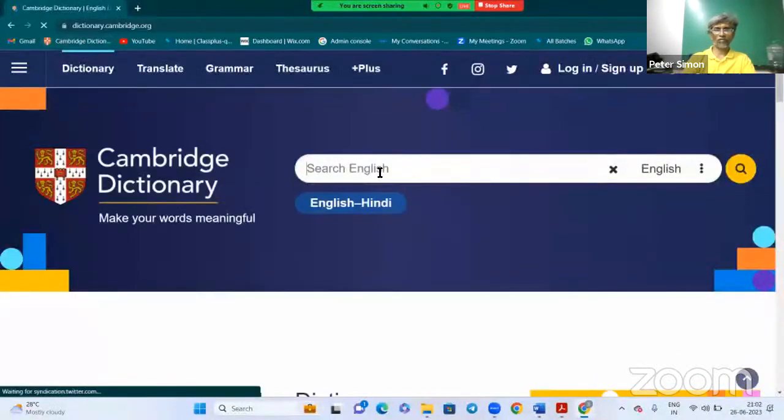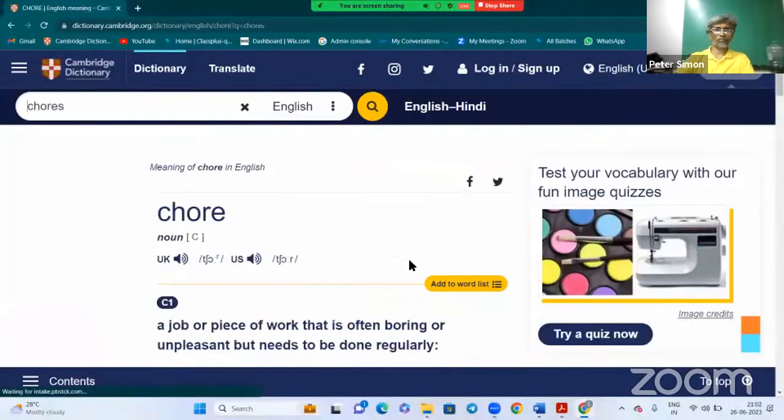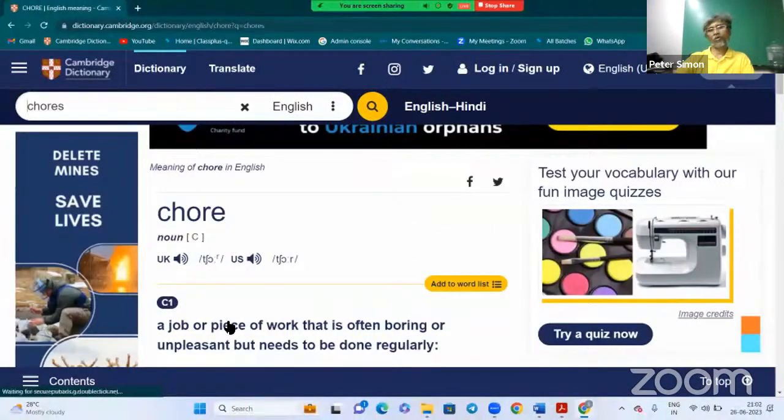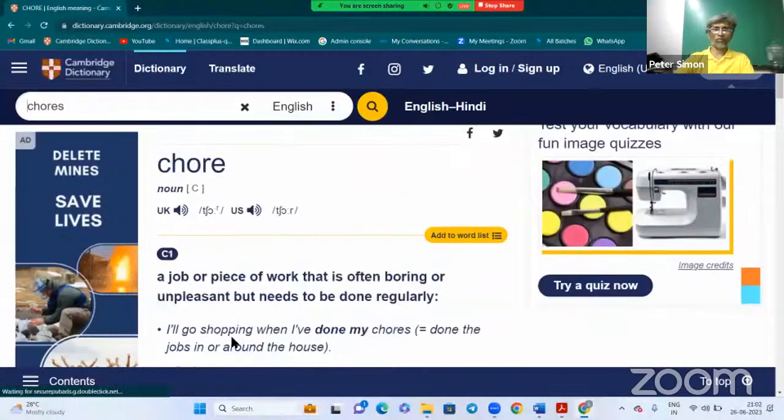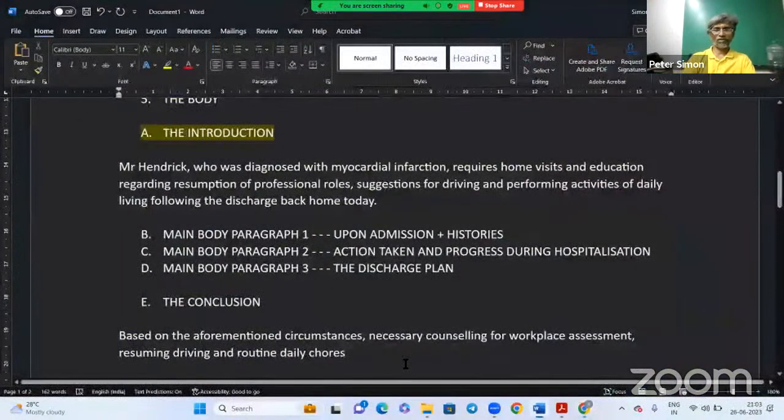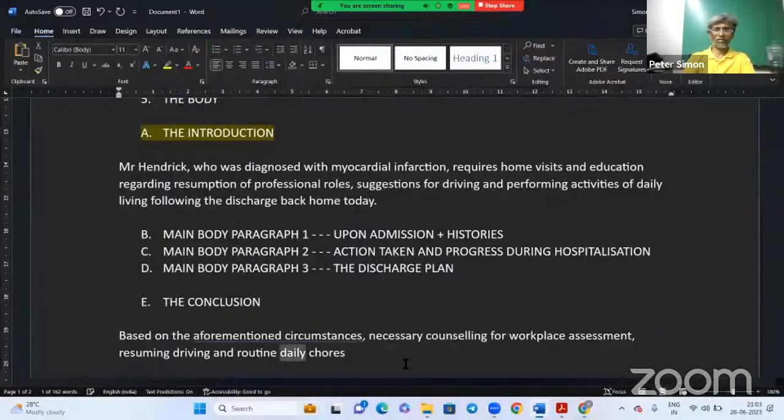Yeah. So yeah, it's a C1 vocabulary. A job or piece of work that is often boring or unpleasant but needs to be done regularly. You can use it. Routine daily chores or household activities. Routine personal activities. Personal chores would be profoundly beneficial.